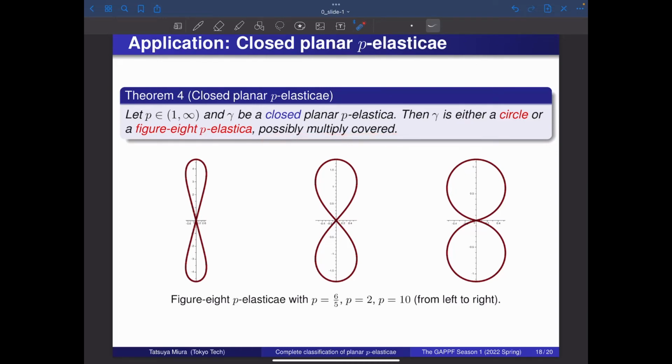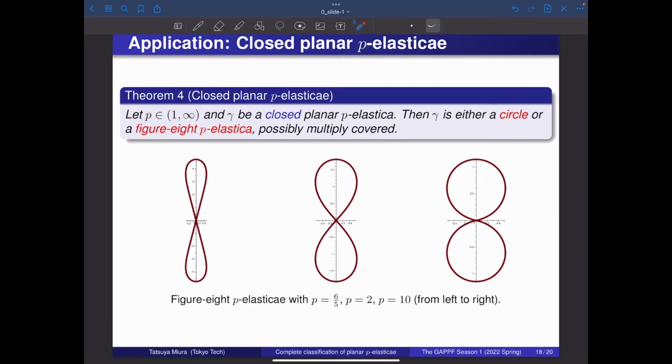Okay. And this figure-8 P-elastica is again one example of a wave-like elastica, and it looks like this figure. And the shape depends on the exponent P. And these three examples describe the cases where P is equal to 6/5 here, P is equal to 2 here, and P is equal to 10 here.